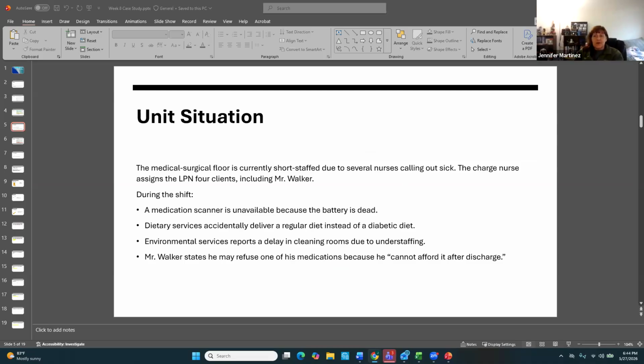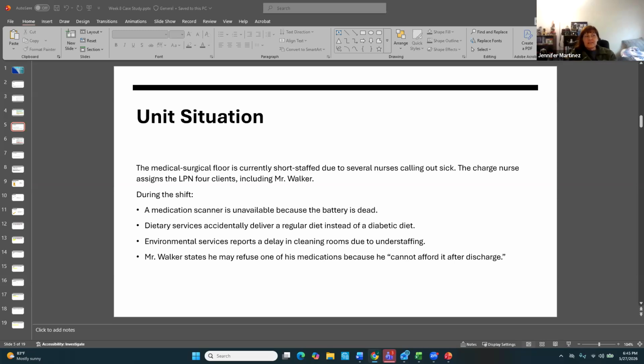All right, so this is what is going on the unit. The med surg floor is currently short-staffed due to several nurses calling out sick. The charge nurse assigns the LPN 4 clients, including Mr. Walker. During the shift, a medication scanner is unavailable because the battery is dead.